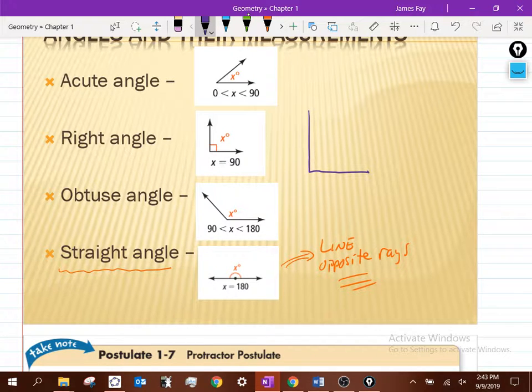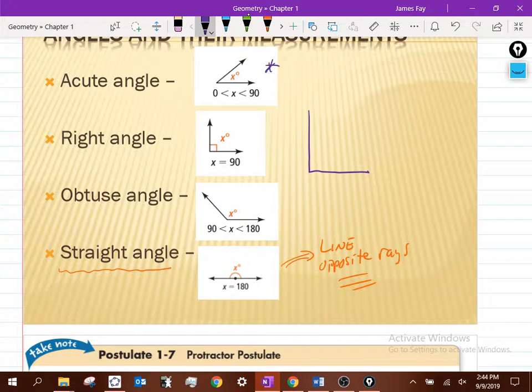Because that angle I just drew freehand might actually be like 89.99999 degrees. And if it's 89.99999 degrees, it's going to fall in the acute category. Or it might be 90.0001 degrees, and therefore fall in the obtuse category.